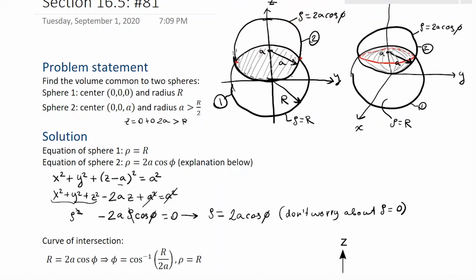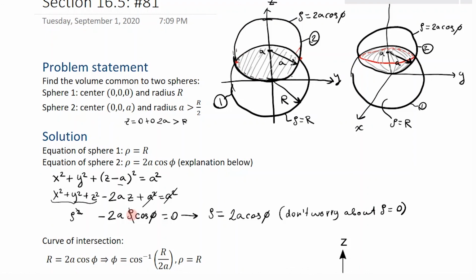Anyways, if we go somewhere here, for example, where we're not on the intersection, you know that rho at this point is greater than r. The only points where rho is equal to r, if they are on this sphere, are the ones that are also on this sphere.